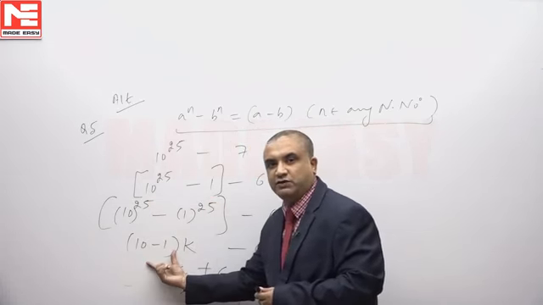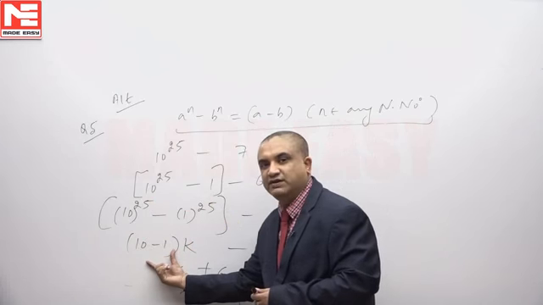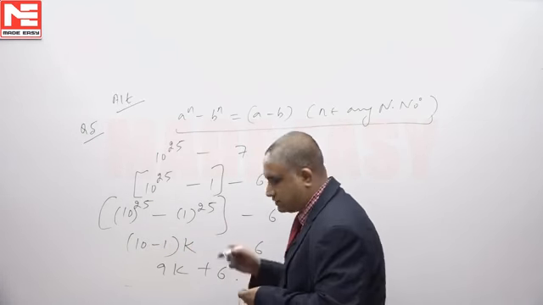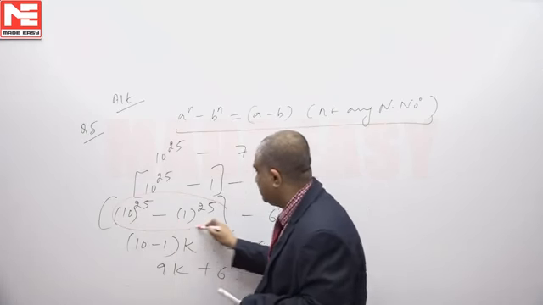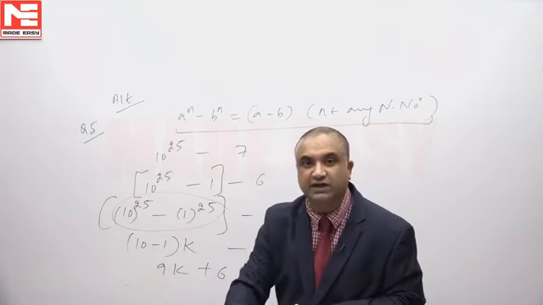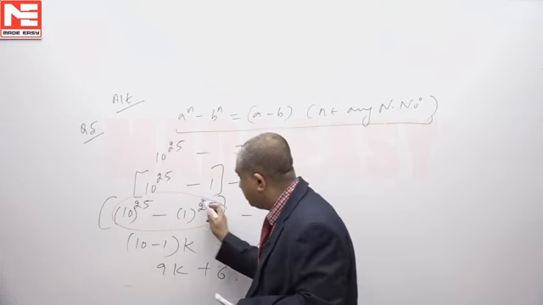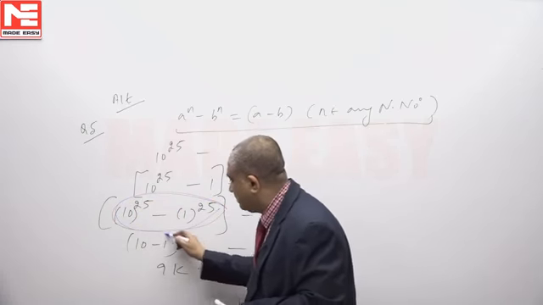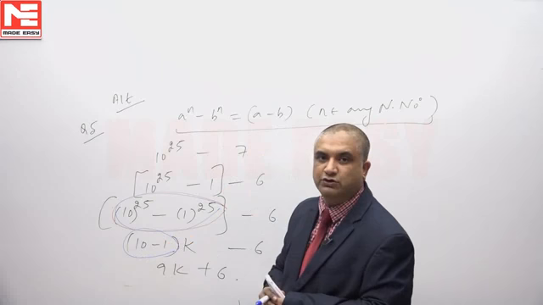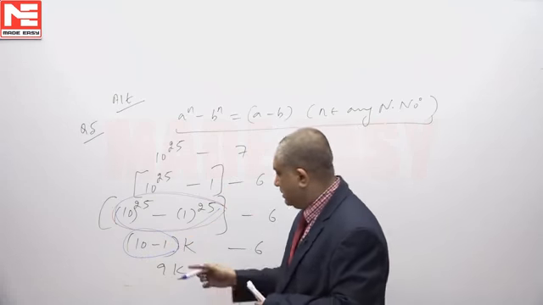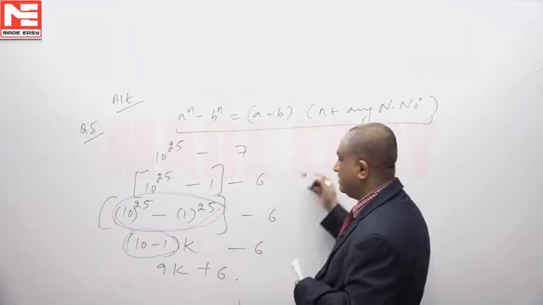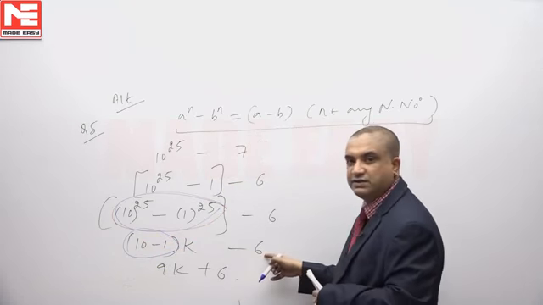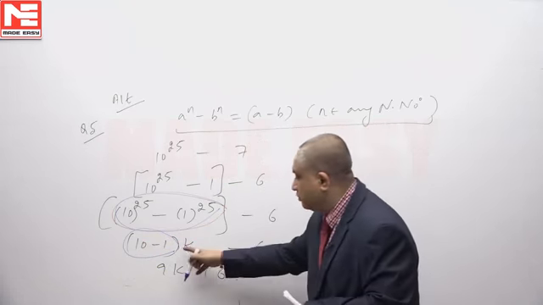This term is surely having a factor of 10 minus 1, so this number will be surely divisible by 9. If this number is divisible by 9, it is surely divisible by 3, and the 6 is also divisible by 3.